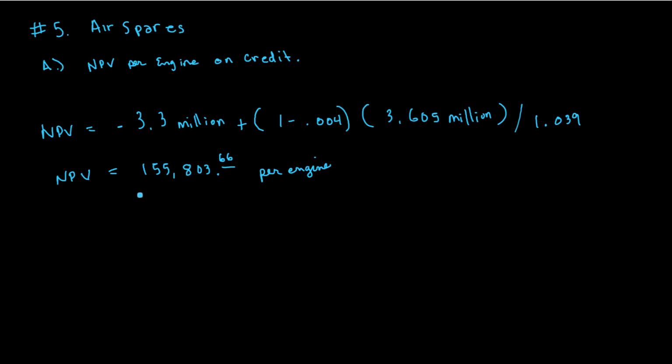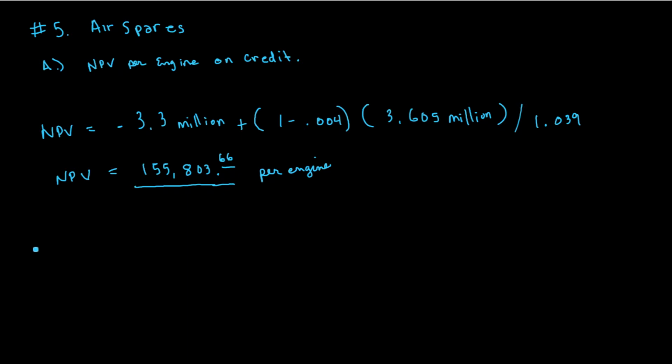Why? Well, because our net present value is positive. So we should definitely fill this order. Okay. Now, B wants us to find the break-even probability of default. So we need to use the NPV equation that we used in part A, set it to 0, and solve for our pi, right?